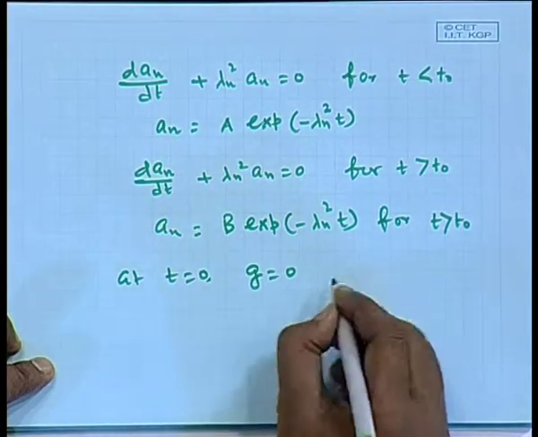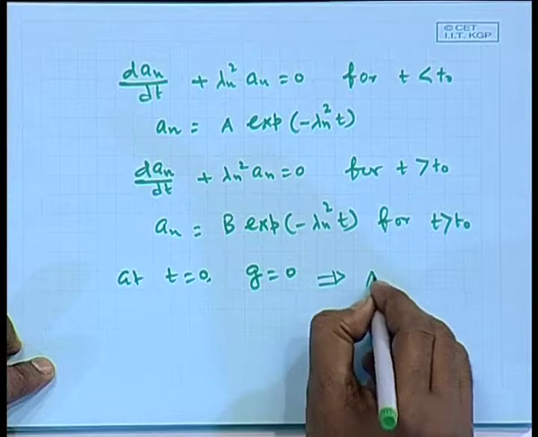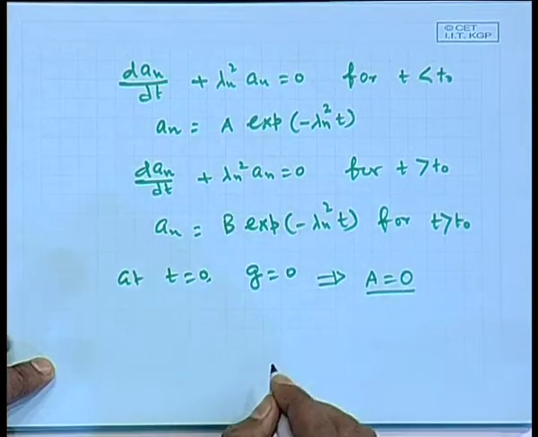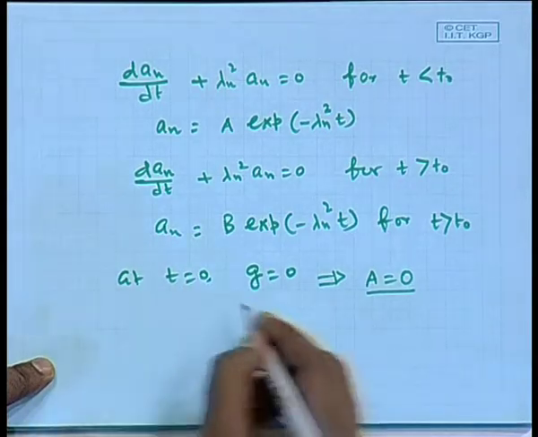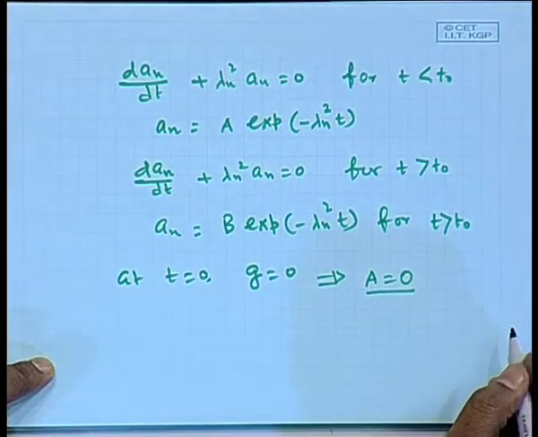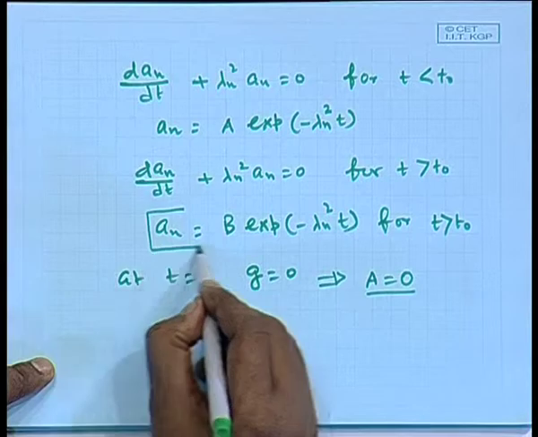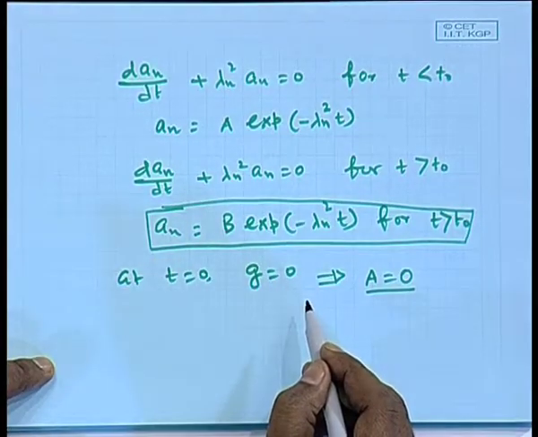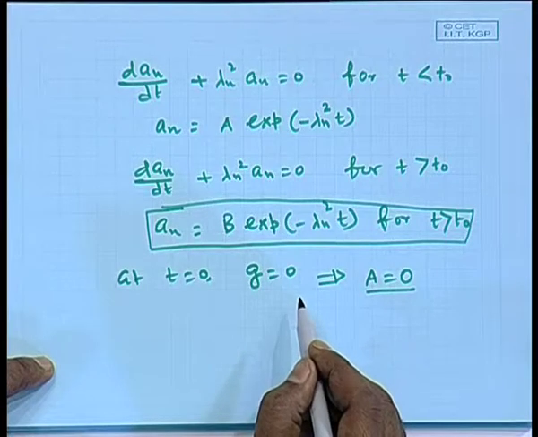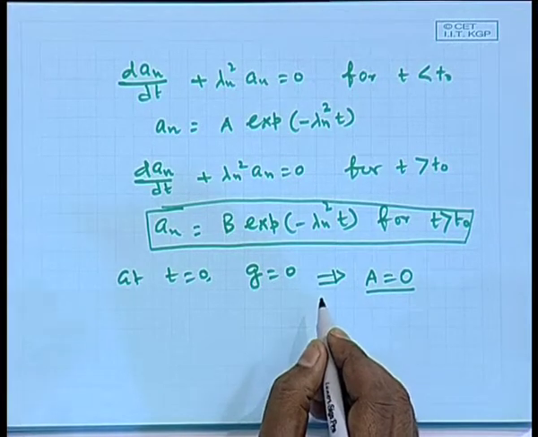So, this will lead to the constant a to be equal to 0. And basically for time t greater than t naught, you are having a solution a_n is equal to b exponential minus lambda n square t. Now, b is basically non-zero and it will be contributing something.